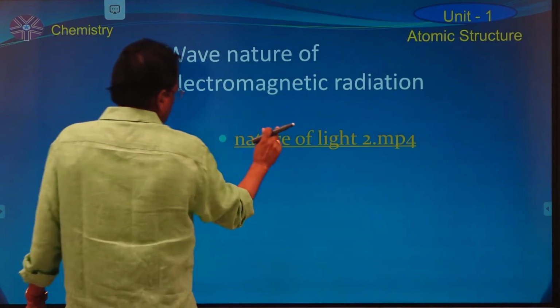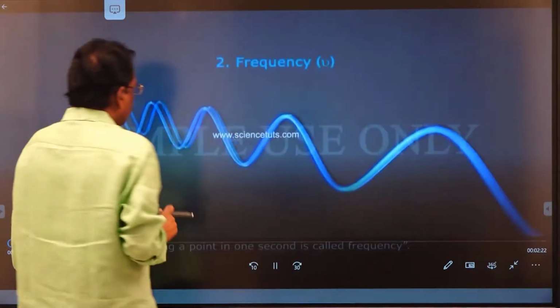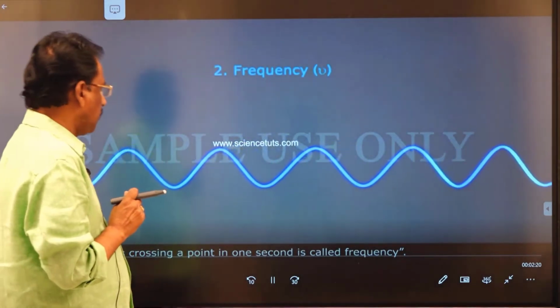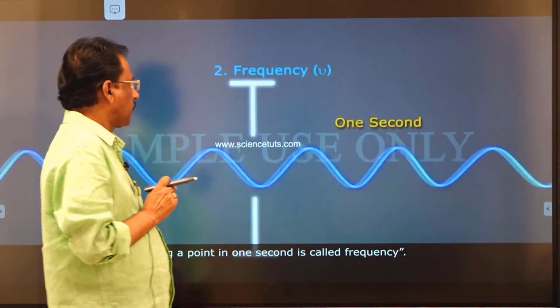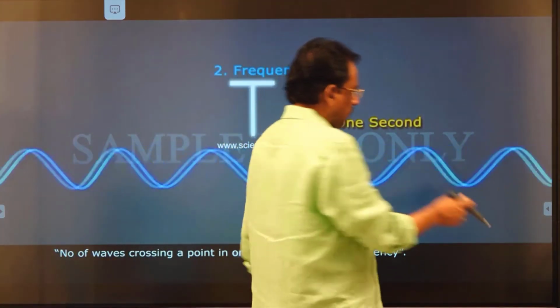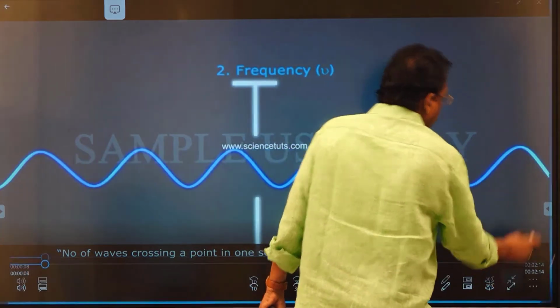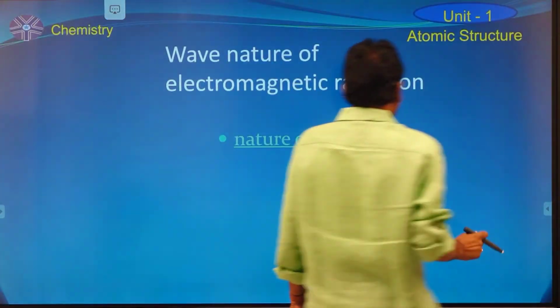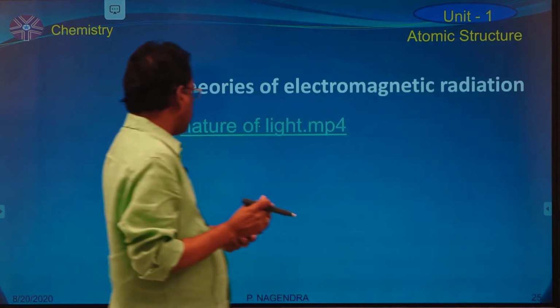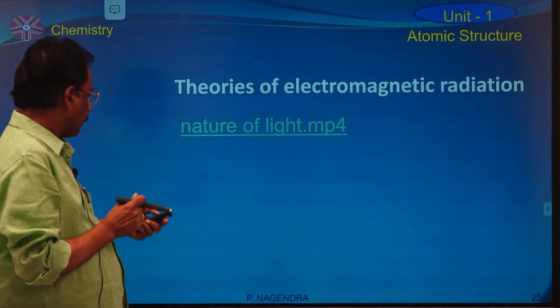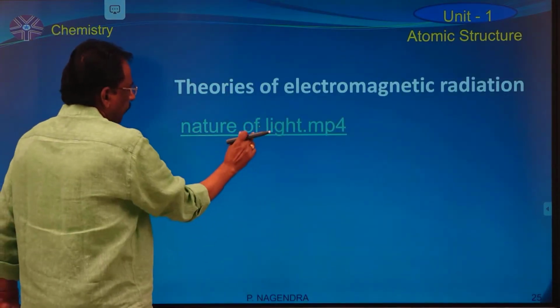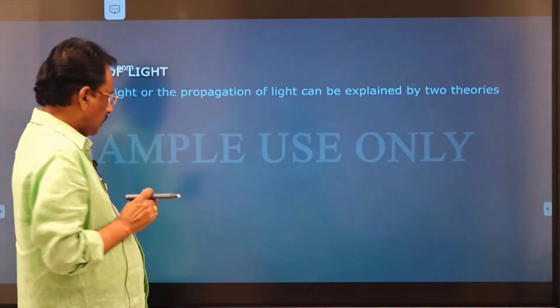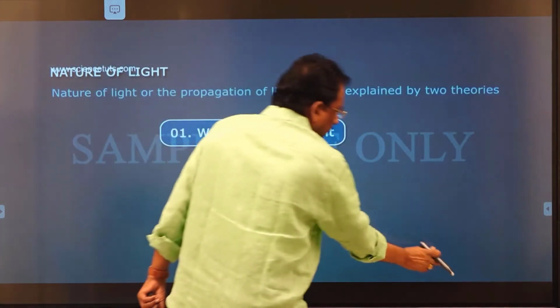Now, the next one is, what are the various properties of light?